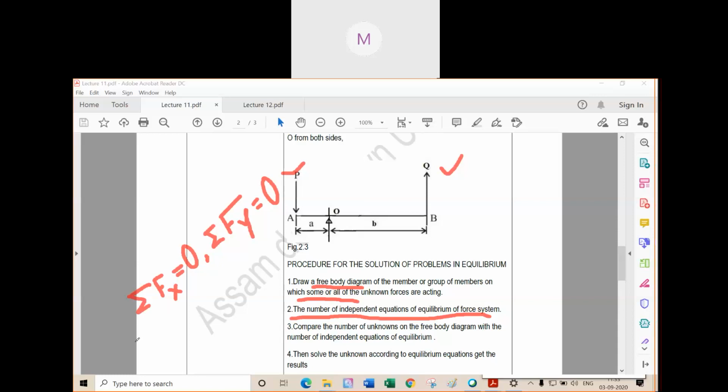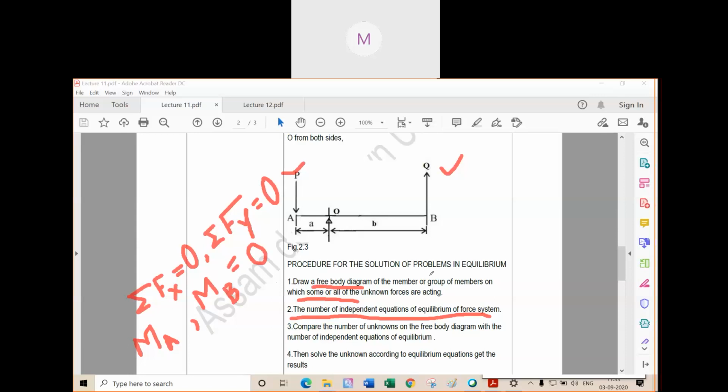So once you find out f of x equal to 0 and f of y equal to 0, after that you have to find out the moment about A and moment about B. These two things should be equal to 0.